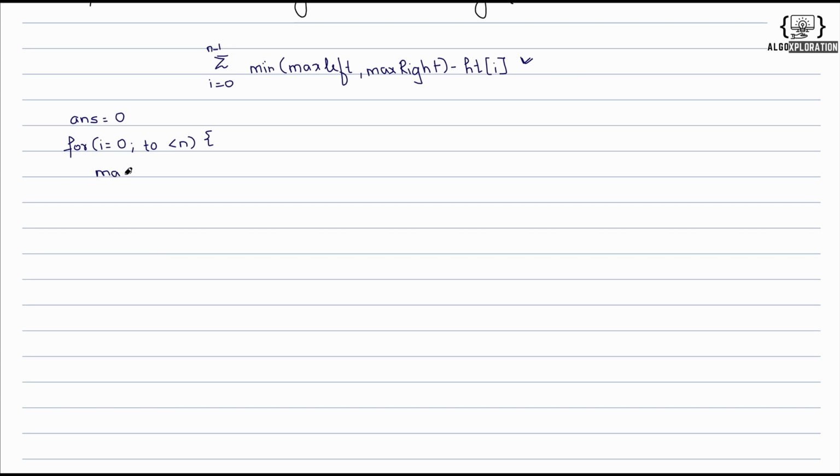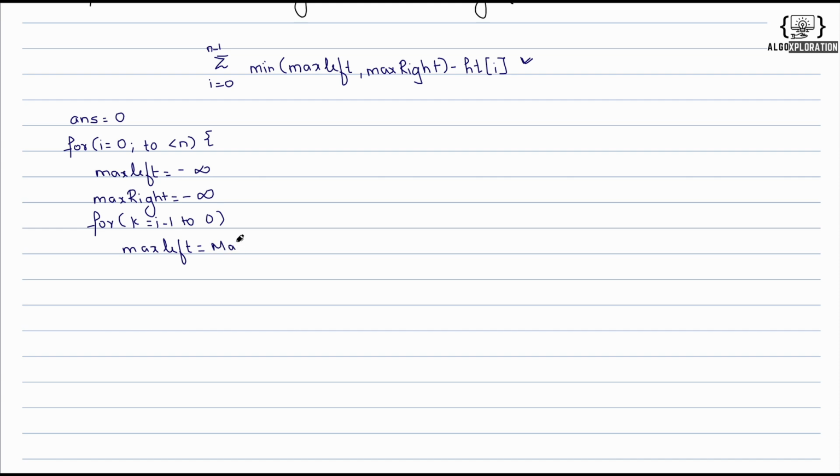So max left, let's take it as minus infinity, because we have to find the maximum of it. Max right also minus infinity. Now we have to run two for loops which I have shown earlier. k is equal to i minus 1 and it will go till 0. Here we have to find out the max left.